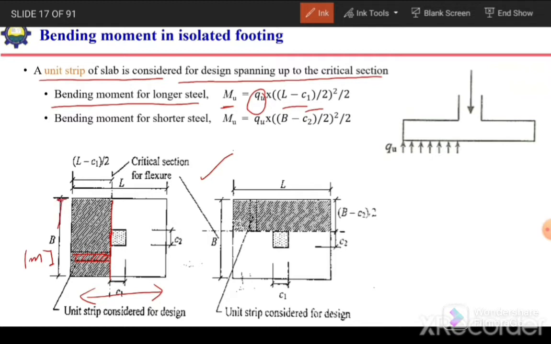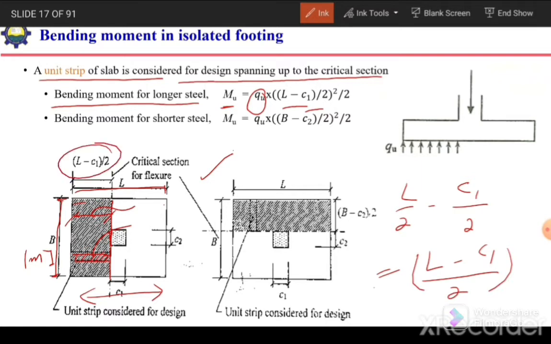And if this is the width of the footing and this is the length of the footing, the span of this cantilever strip will be equal to L by 2 minus half of the column width, C1 by 2, or we can write (L minus C1) divided by 2. It's over here. Similarly, the span in the shorter direction can be calculated.